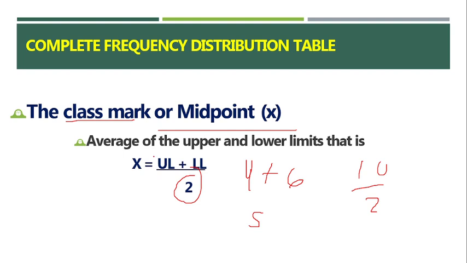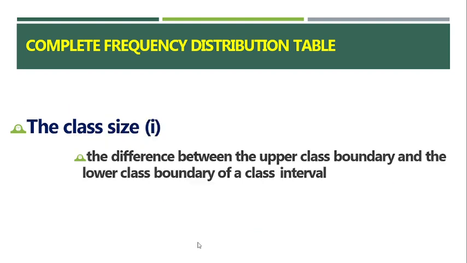Alright. Next in line, we have the class size. I already mentioned before what the class size is. This is also referred to as the class width. Class width and class size are just the same.